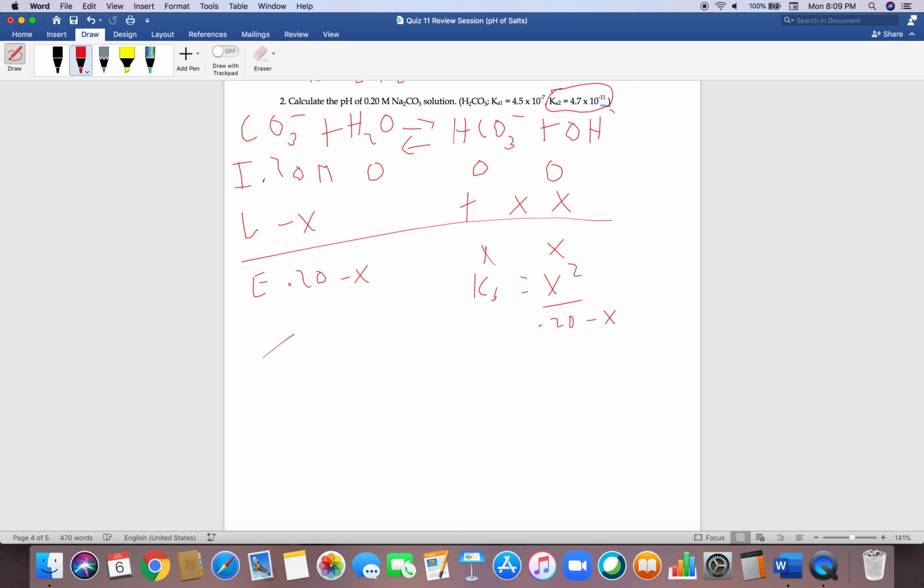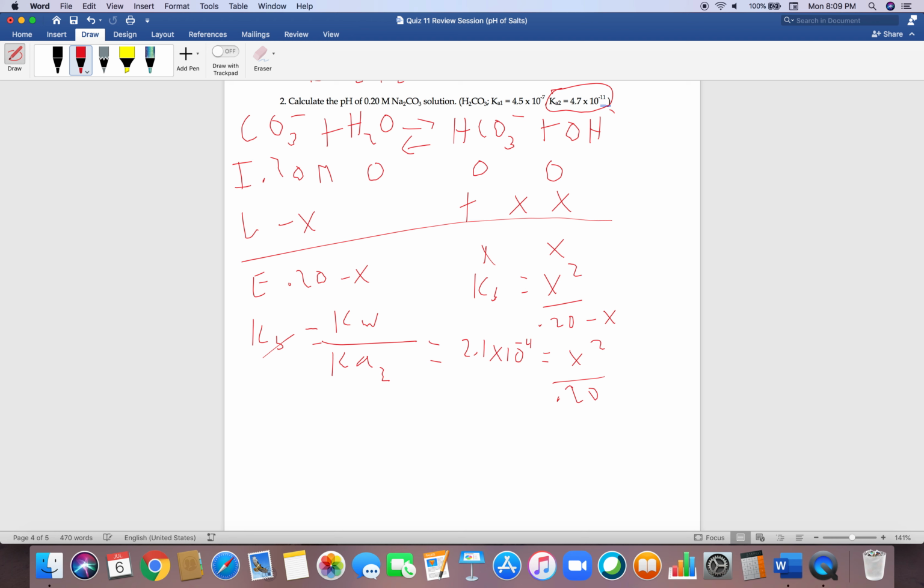But we need to find the Kb, and the Kb would equal the Kw divided by the second Ka, Ka2, because we use the smaller one. So the Kb is going to equal 2.1 times 10 to the negative fourth, and that's going to equal X squared over 0.2.